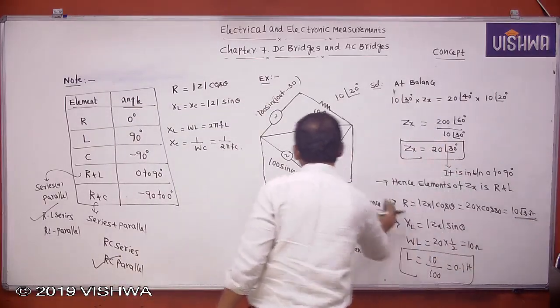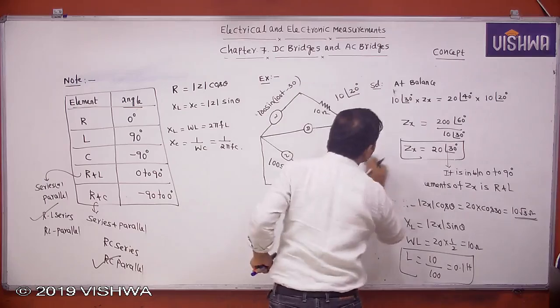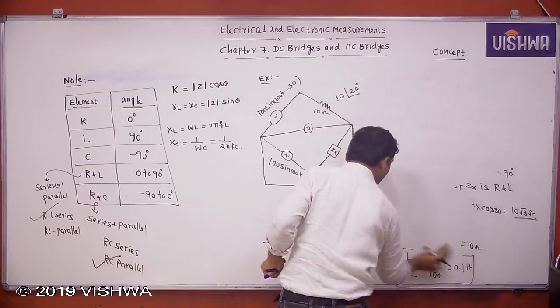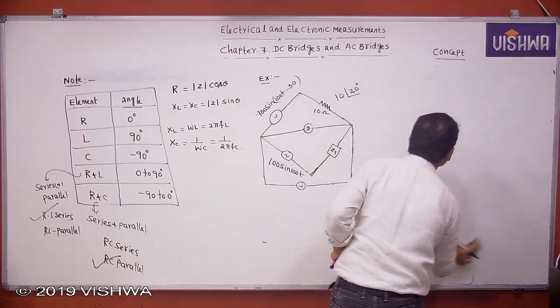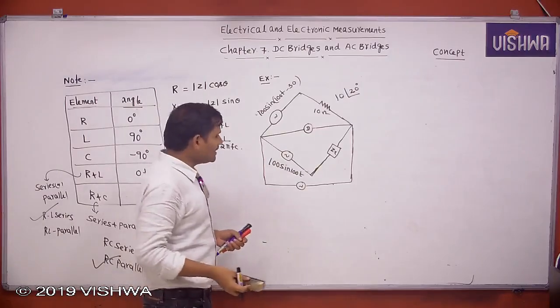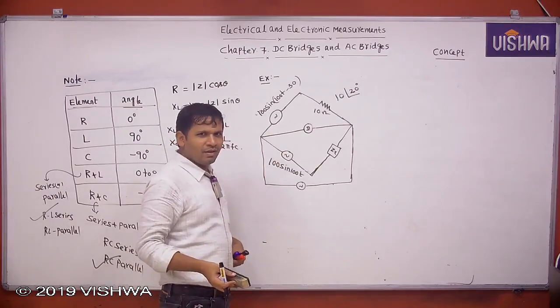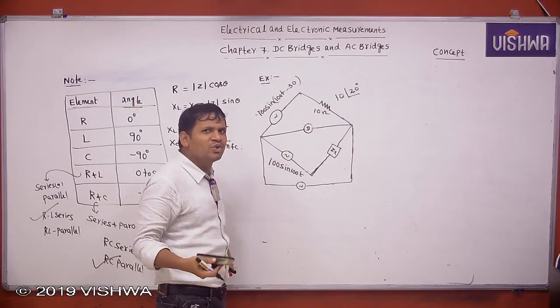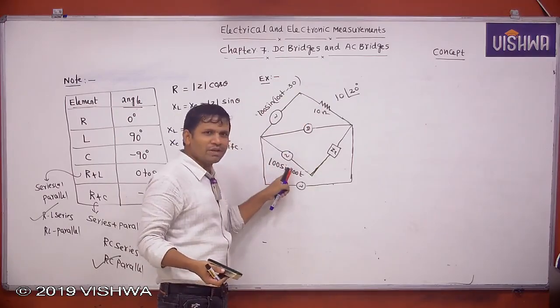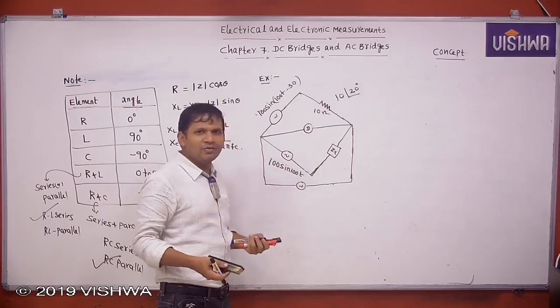Elements of ZX. One more question I am framing here. If it is asked, what are the elements of ZX? Okay, simple. One method is, when solving from an objective point of view, we can directly use the product of opposite impedances, and from that we can identify ZX.